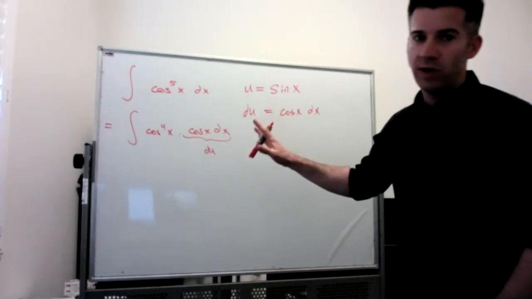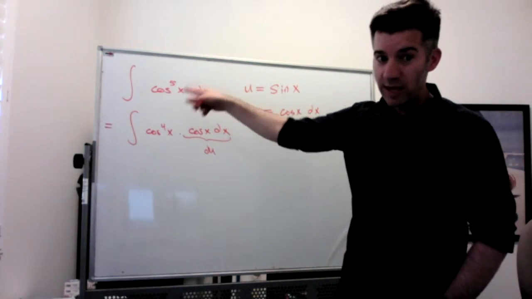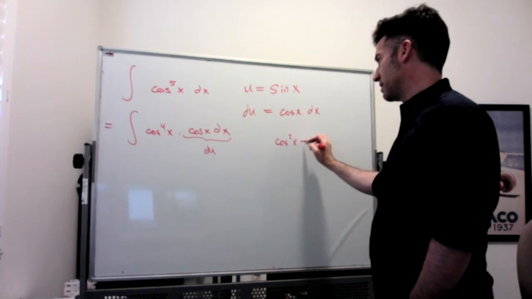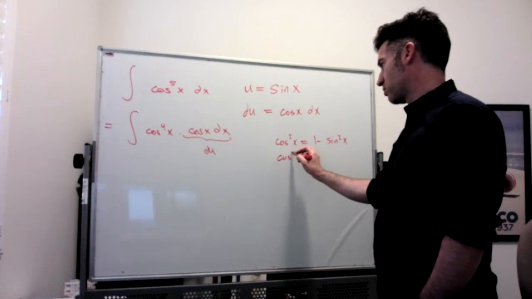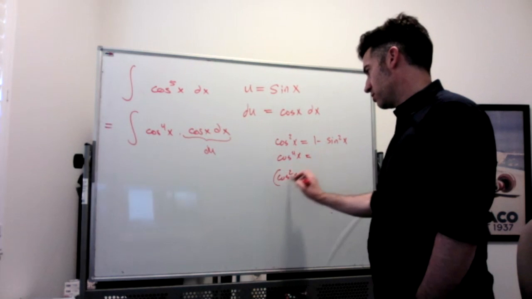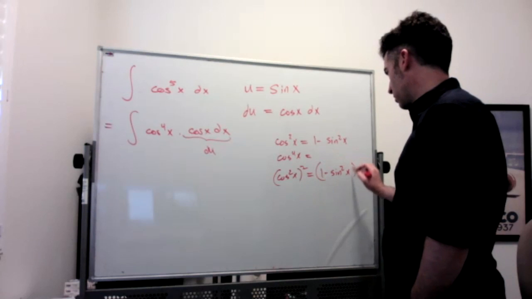So really the trick here is that there totally is a sine in this function. I just haven't written it that way, right? We know that cosine squared x is equal to 1 minus sine squared x. So cosine to the 4th x is cosine squared squared, which is 1 minus sine squared, quantity squared.